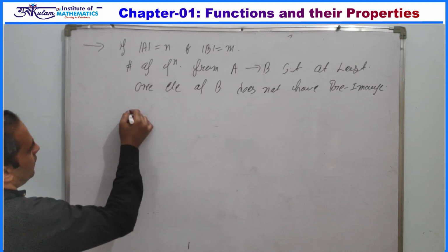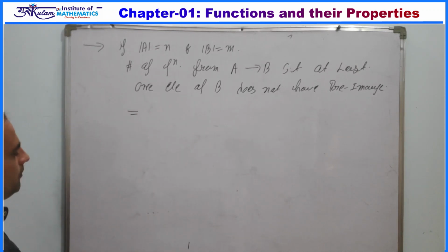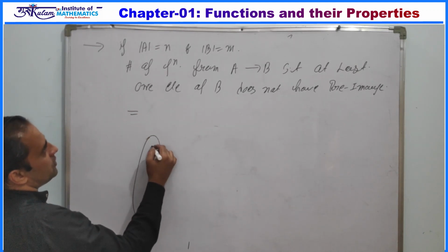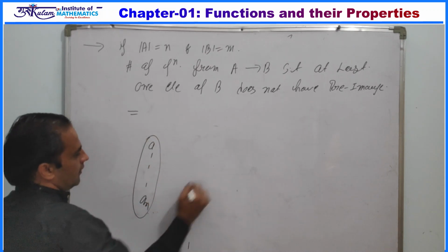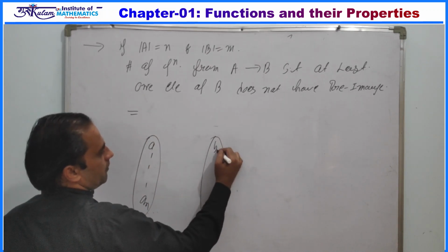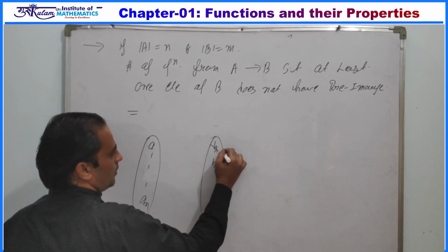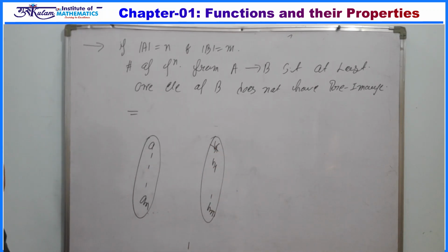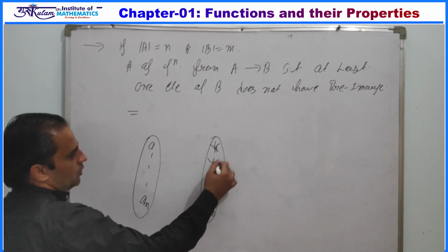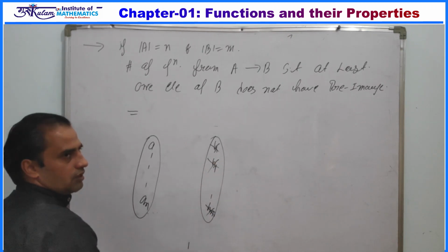Thus we can write down first the number of elements. Since A has n elements, A1, A2, An, and B has m elements B1, B2, Bm. So first we have to count the number of functions in which B1 does not have a pre-image. Secondly, B2 does not have a pre-image, and Bm does not have a pre-image.